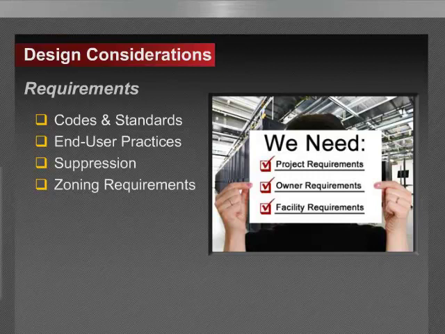And then, of course, what do owner practices require, keeping in mind that in most instances, end-user practices will exceed prescriptive requirements. So also, is the objective to integrate with suppression? And what zoning requirements are there for actuation of suppression zones or fan shutdown?